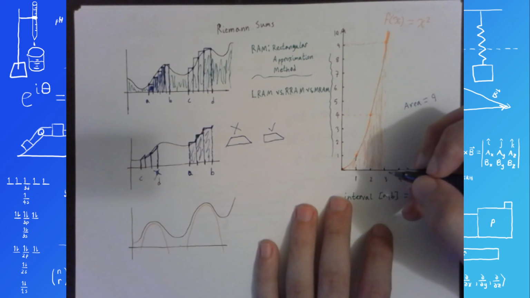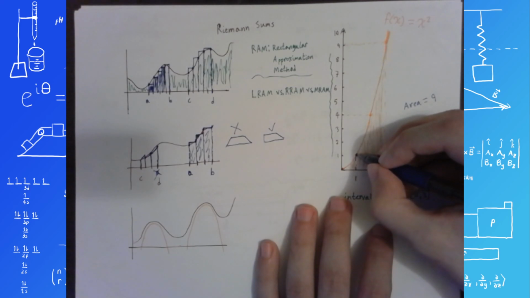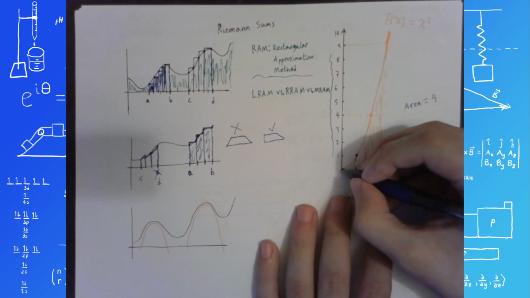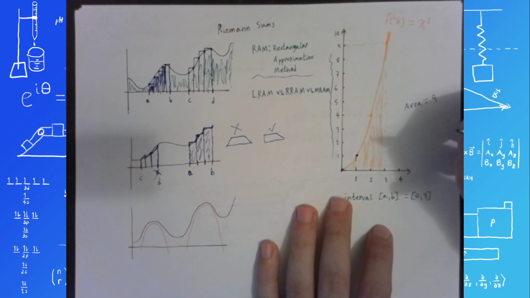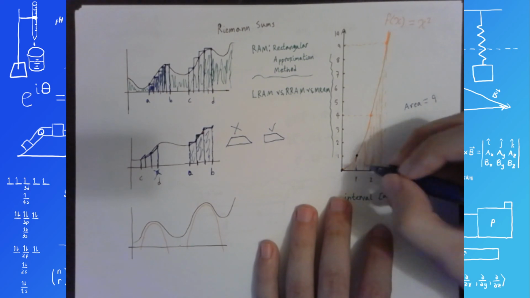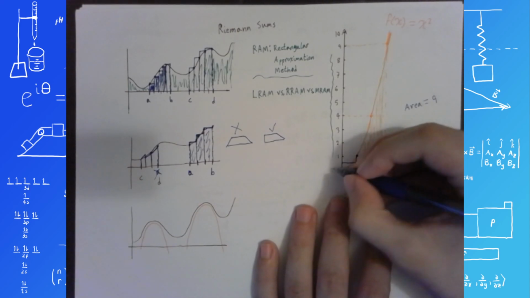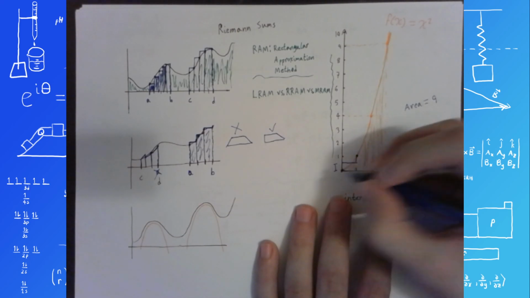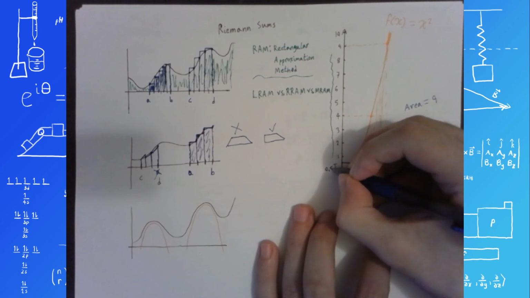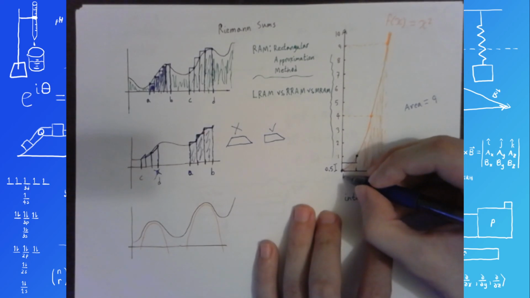So I wanted to do, let's see, f of 1 is 1 and f of 0 is 0. So halfway between 1 and 0 is 1/2. So this thing has a height of, I'll write it as 0.5, and a width of 1.